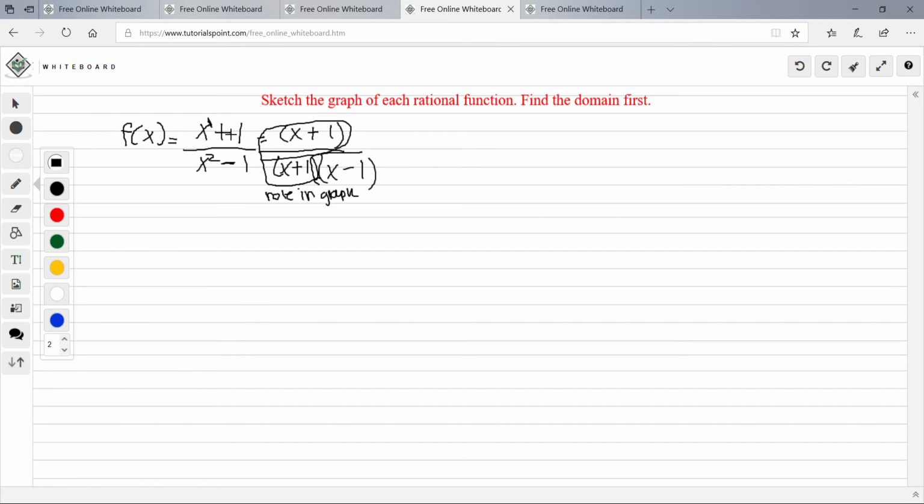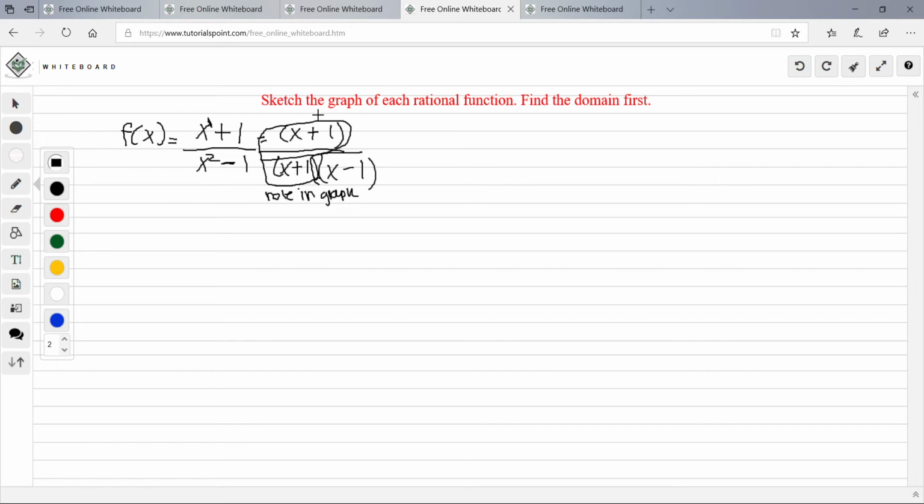So that means it's bottom heavy, because the bottom is heavier than the top. 2 is bigger than 1. That means our horizontal asymptote is going to be y equals 0.